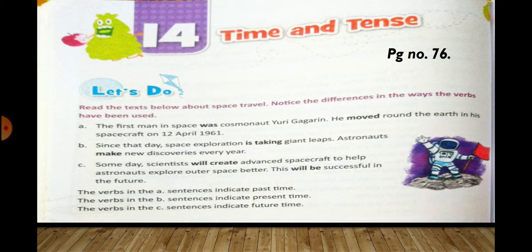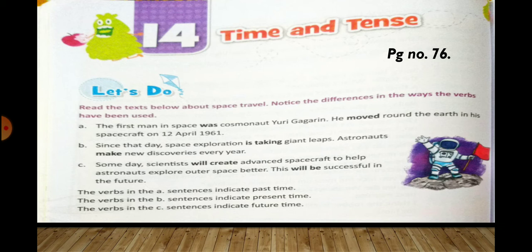In sentence A, you will see the words was and moved are highlighted. That means the actions have already taken place. It has already happened. So it is talking about a past time. Next, in sentence B, you can see the verbs is taking and make are highlighted.